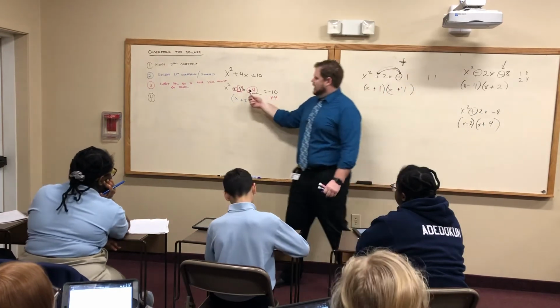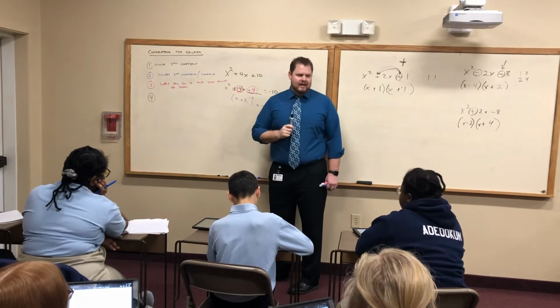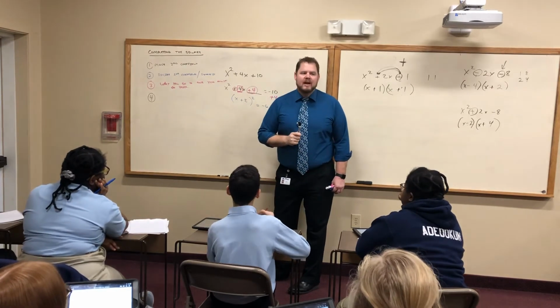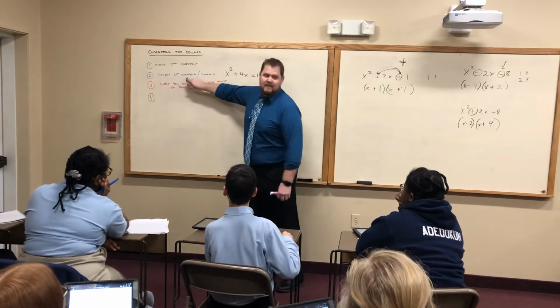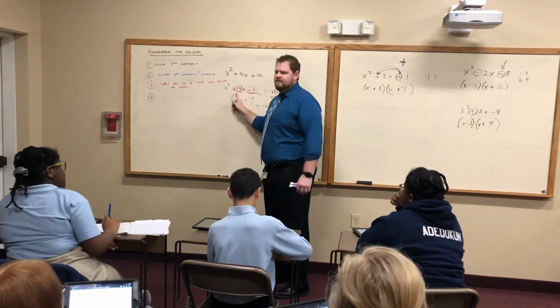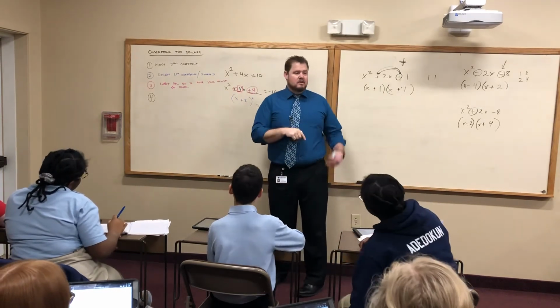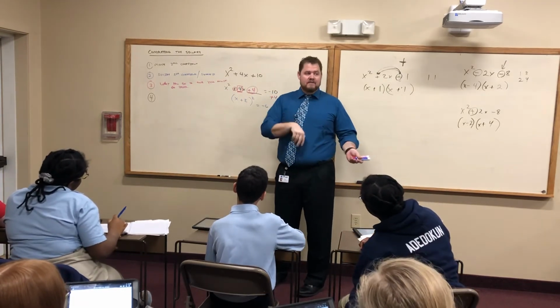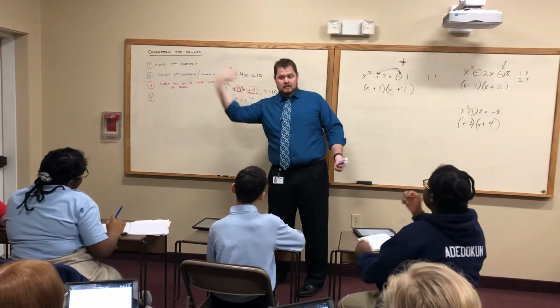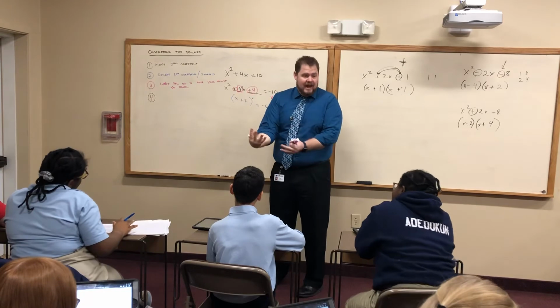This is always going to be plus. Why? Because you divide it and you square it. So if this number is negative 10, what would it be? Negative 10 divided by 2 is negative 5. Negative 5 squared is 25. It's a positive 25.